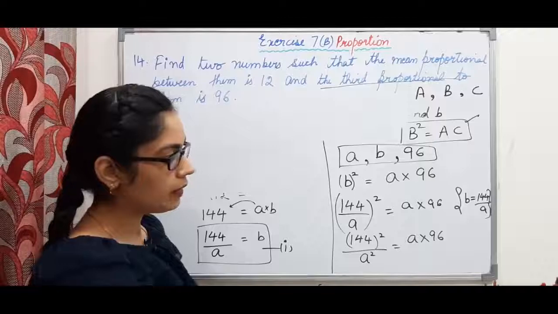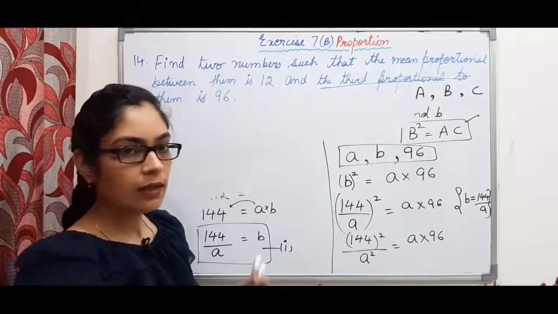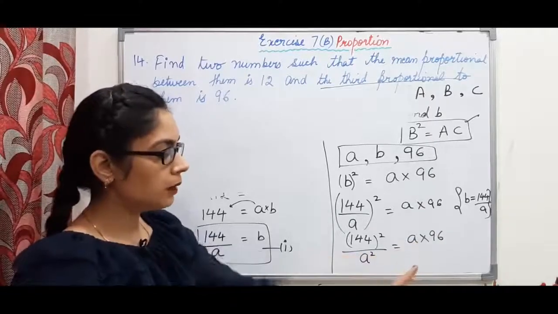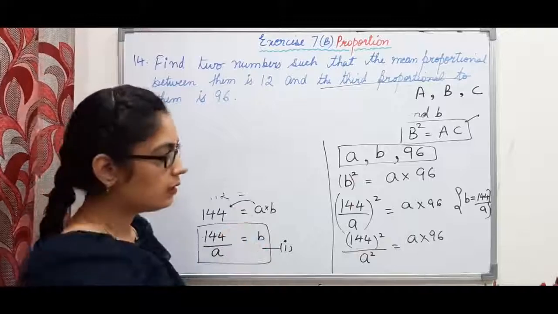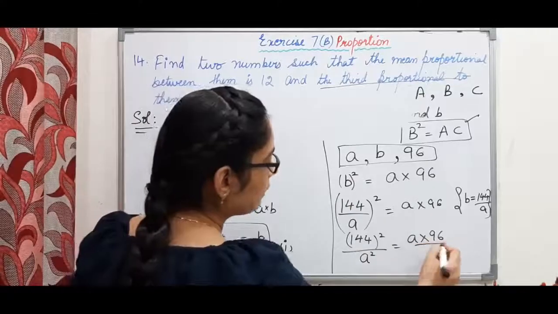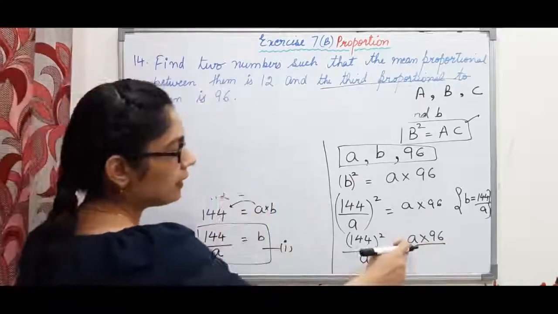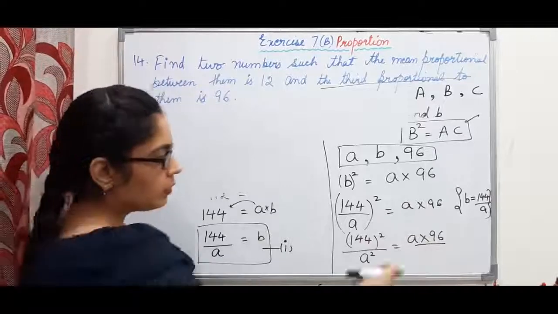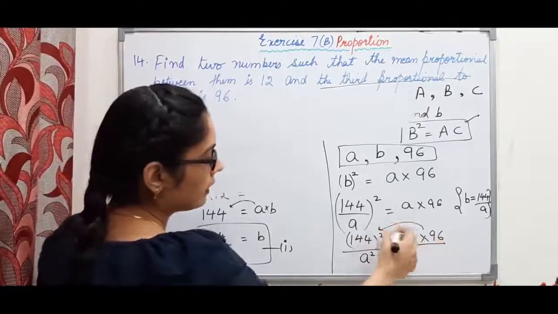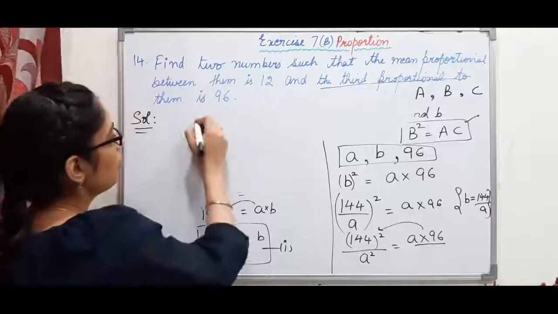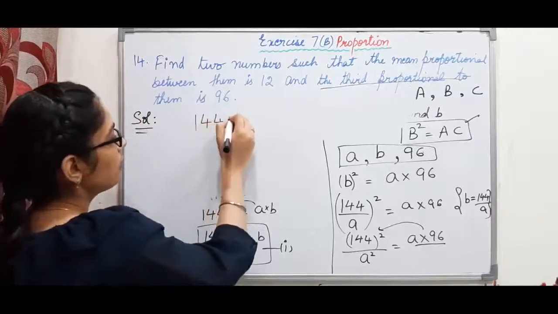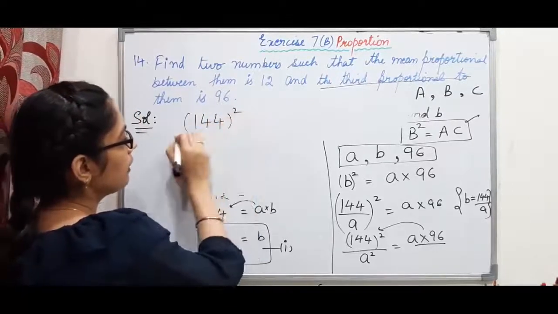So what we can do, A we can shift to the other side, A and all other numbers we can shift to a different side. Now this 96 we can shift, because A's value we have to find. It is getting multiplied, so if I change its side, it will get divided.